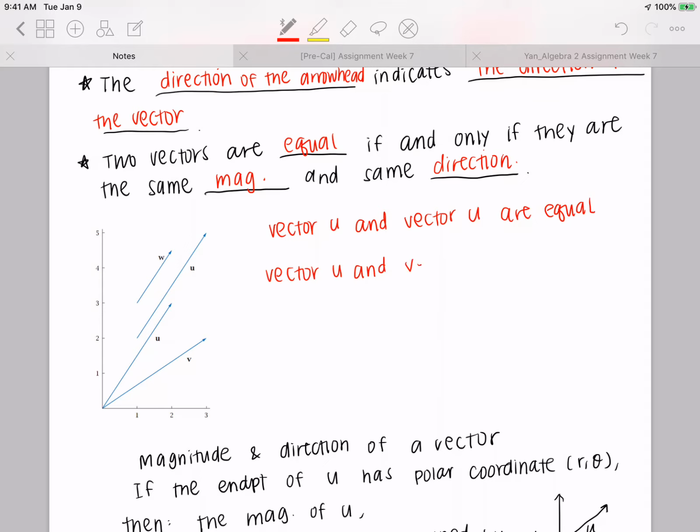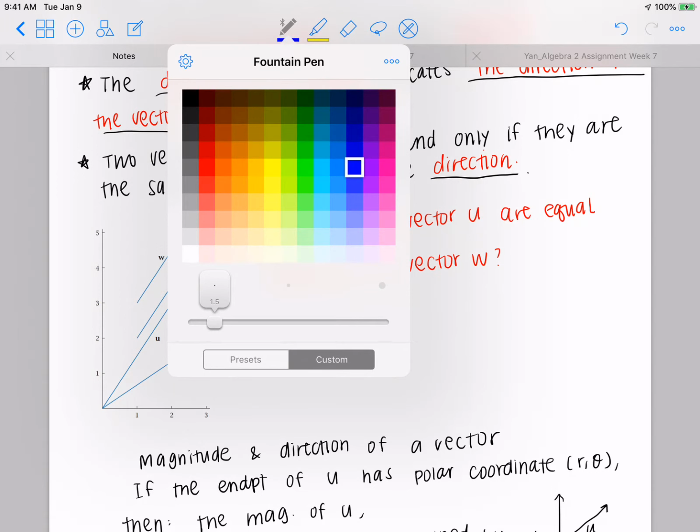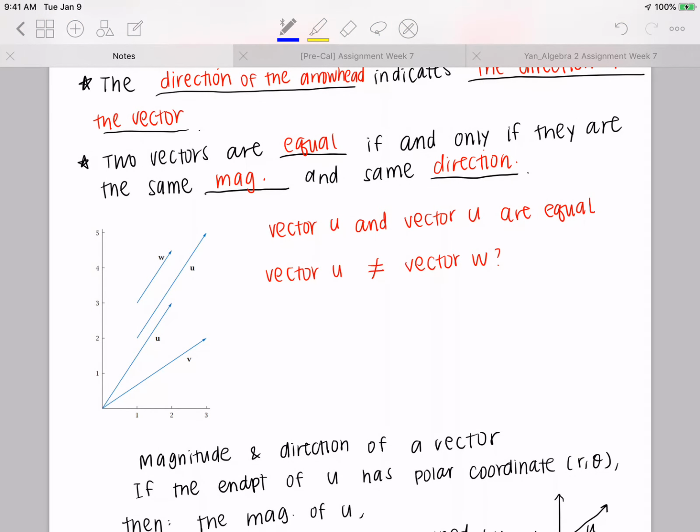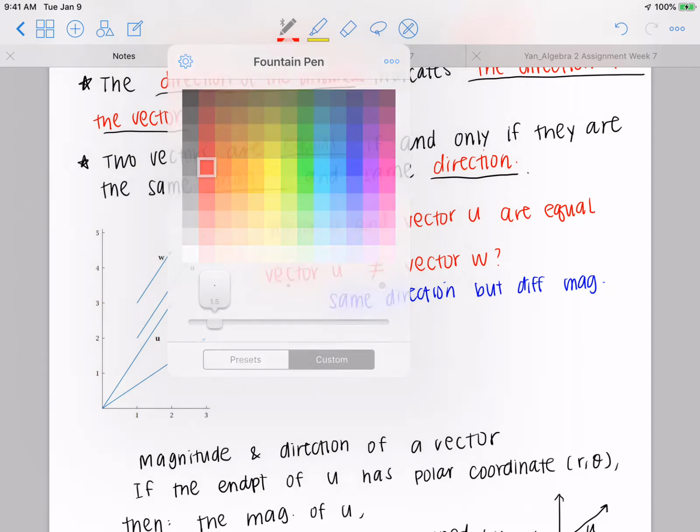Okay, so why are vector u and vector w not equal? They are pointing in the same direction, but they have different lengths. It's pretty obvious that they're a different length. So same direction, but different magnitudes. Last one.